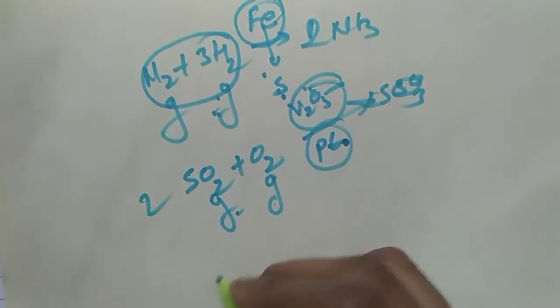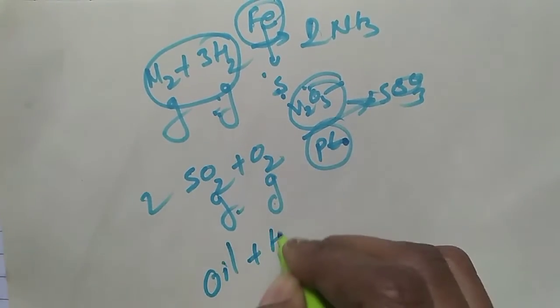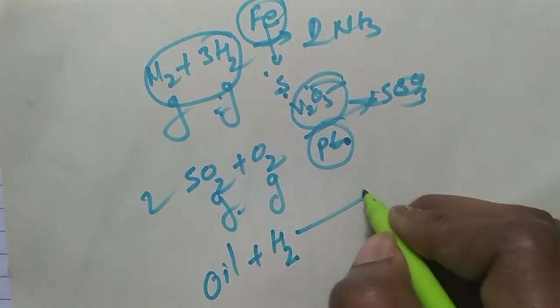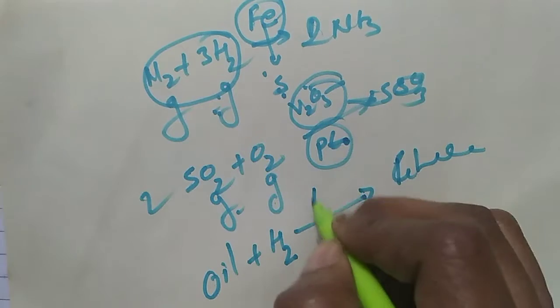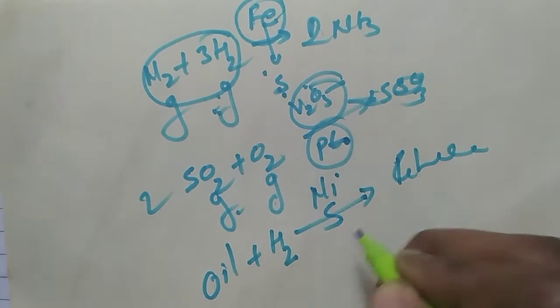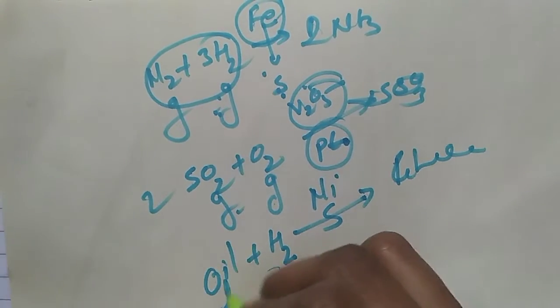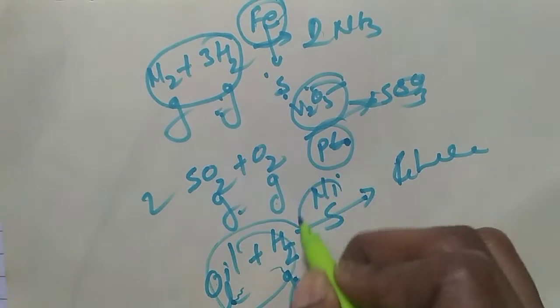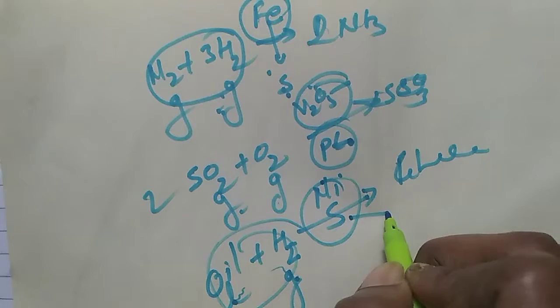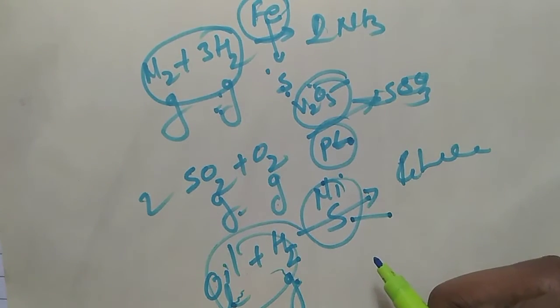One more example: oil is hydrogenated into ghee in the presence of Raney nickel. The nickel is in solid phase, hydrogen is gas and oil is liquid. So when liquid and gas reactants react in the presence of solid nickel, it is also heterogeneous catalysis.